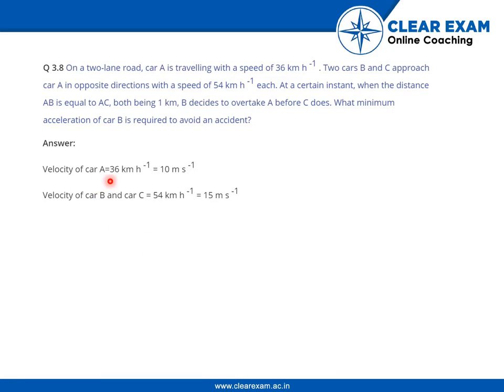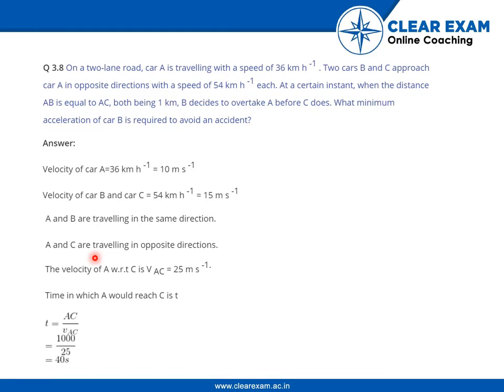The velocity of car A is 36 km per hour, converted to 10 meter per second. The velocity of cars B and C is 54 km per hour, converted to 15 meter per second. Now A and B are traveling in the same direction and A and C are traveling in opposite directions. So we need to find out the time in which A would reach C or C would reach A.